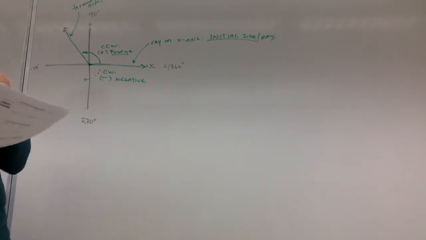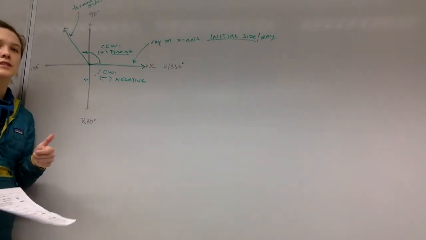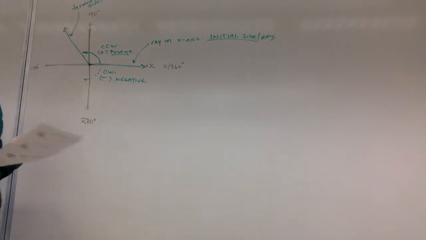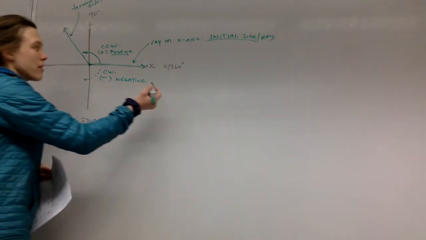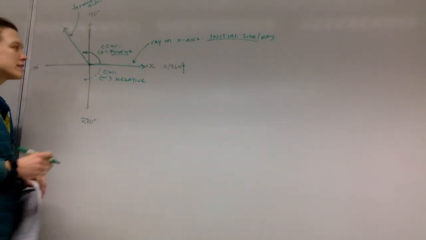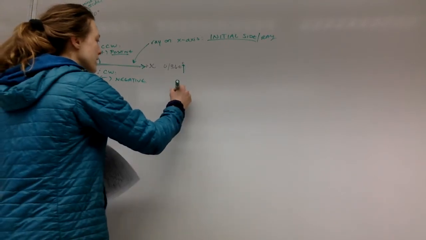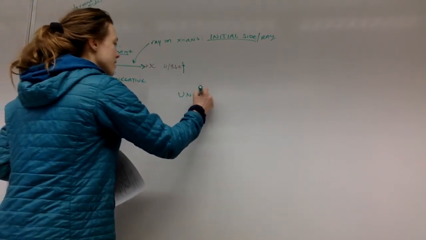All right. So the most common unit that we use for describing angles is the degree, which you abbreviate with a little symbol like that. It's the little degree symbol, so you can fill that in.